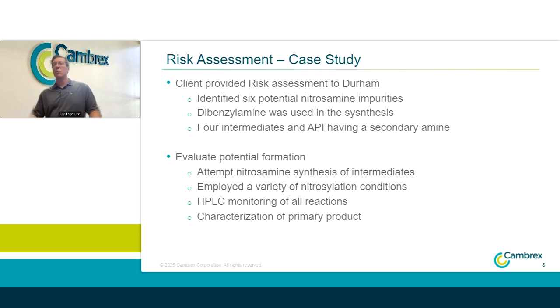And our process team was tasked with forming these intermediates. In attempting to do that, we employed a variety of nitrosylation conditions that are well known in the literature. And through HPLC monitoring of all reactions and characterization of the primary product, we evaluated what was formed.